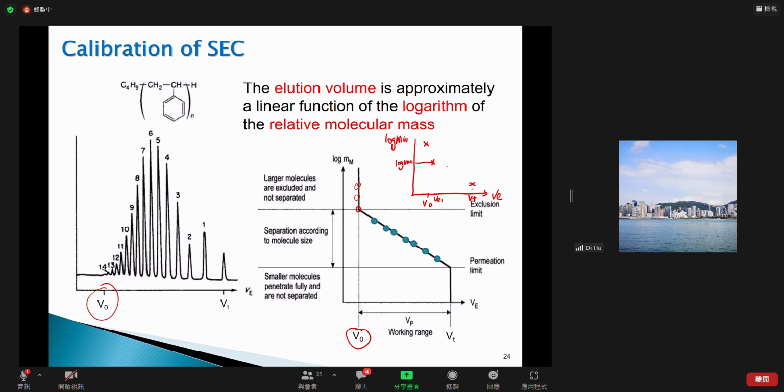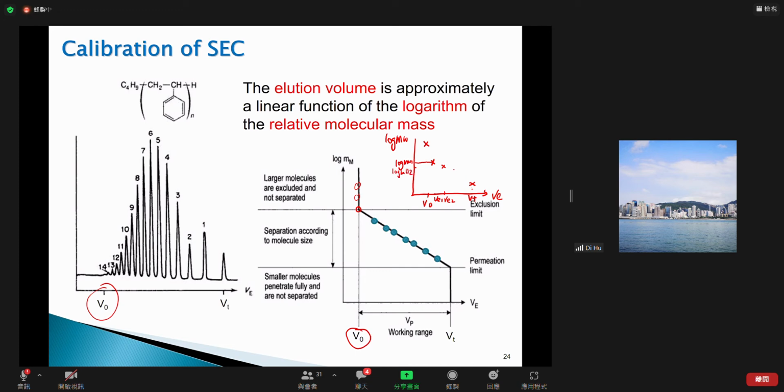I have a second point here. So all my standards, okay? I already have one point really large, one point really small. I have another second point up here, which corresponds to VE2, and that is molecular weight 2.